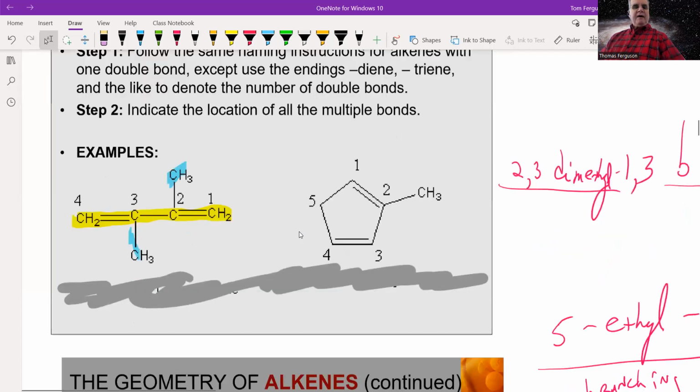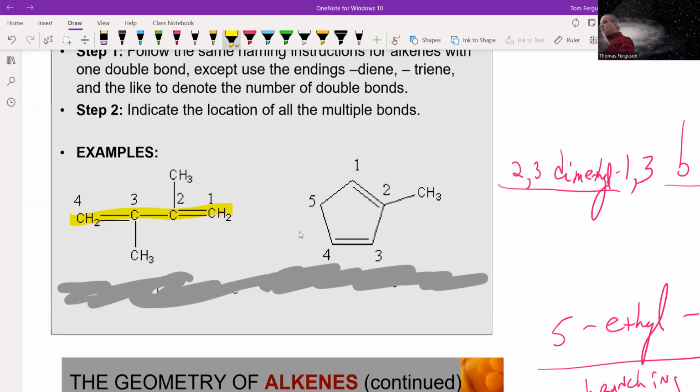Okay, you can also have multiple double bonds. So if we look at this here, okay, that's going to be the backbone, 4 carbons long, but it contains 2 carbon double bonds.